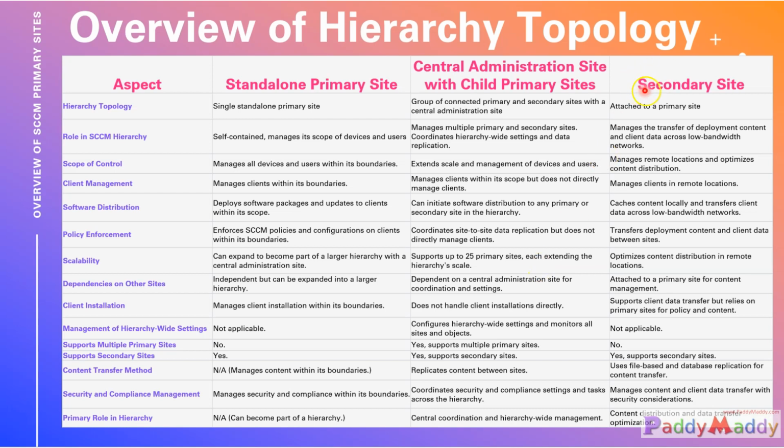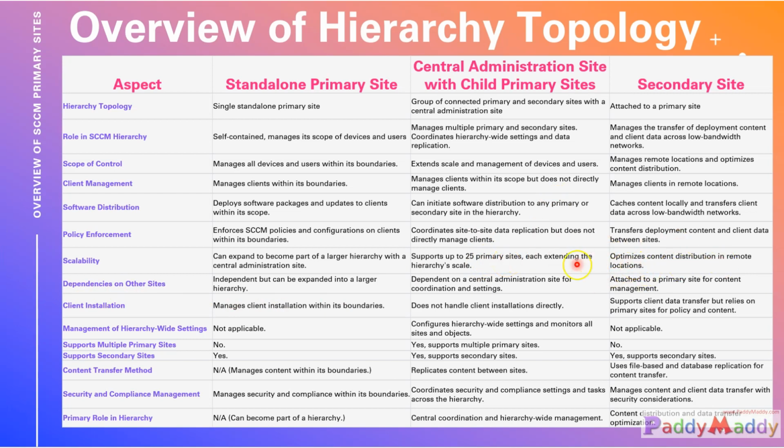And when we talk about the secondary sites, for each primary there is only a certain number of secondaries supported. We would be covering that as part of slides 7, 8, 9, 10, 11. But just for your information, for now, each primary can support up to 250 secondary sites.